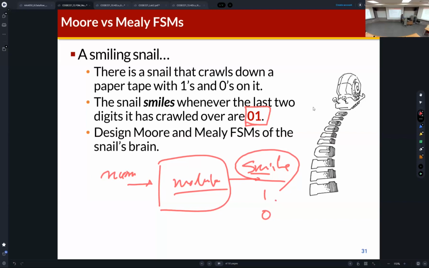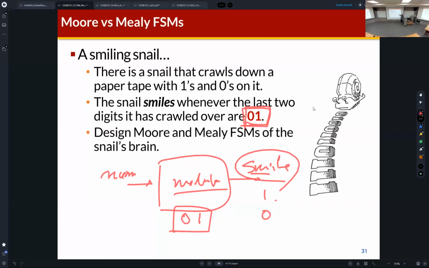And then what is the functional specification of this module? We need to detect the sequence 0, 1. We define the input signal and output signal, and then this is the functional specification.